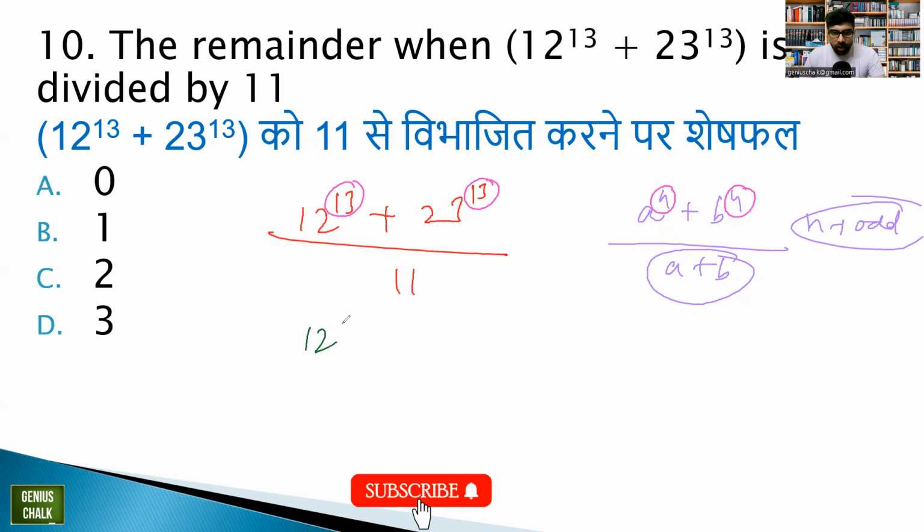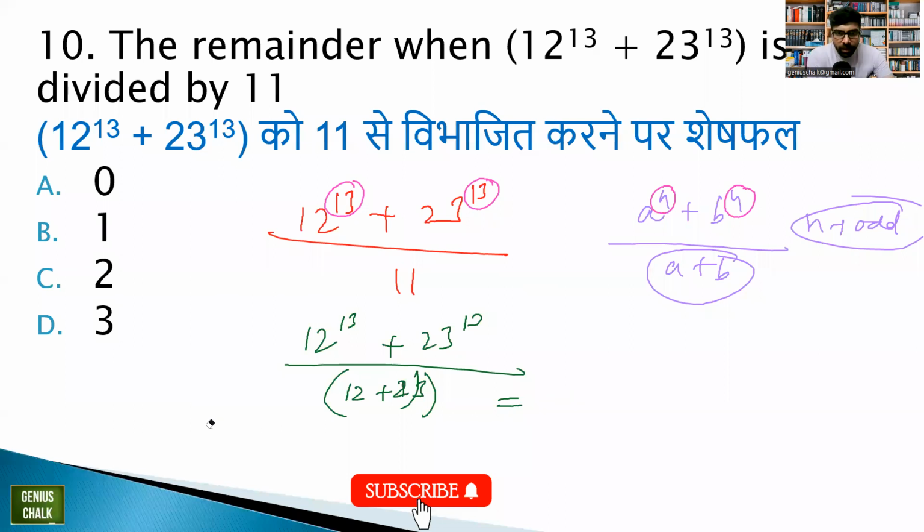That means 12 to the power 13 plus 23 to the power 13 is always divisible by 12 plus 23. And what is that? If you calculate, it is how much? Just check. a to the power n plus b to the power n divided by a plus b, that is 35.